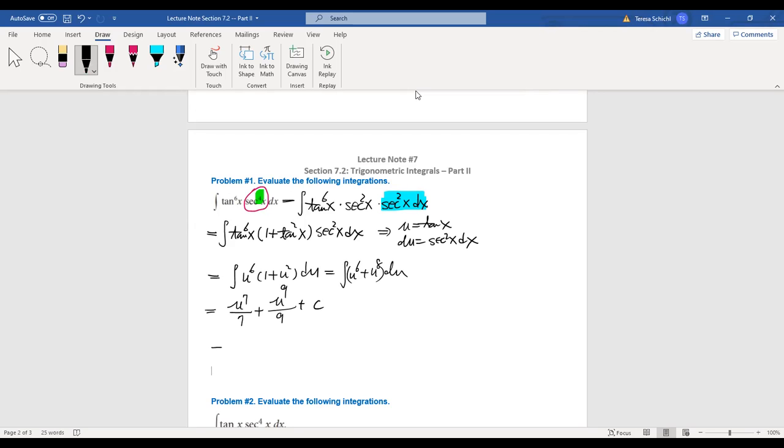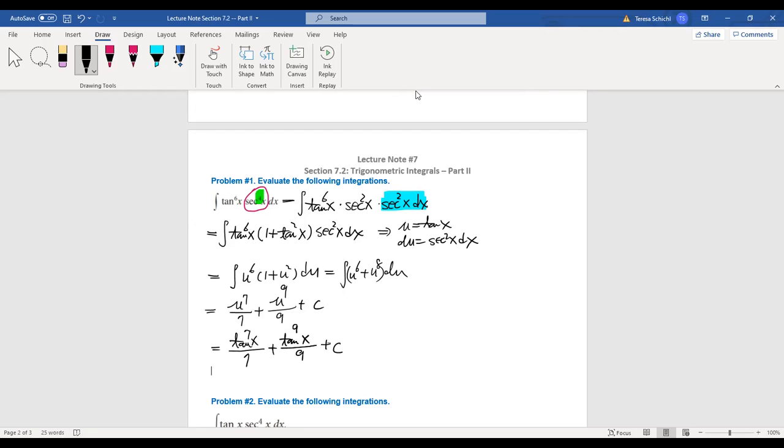Now we substitute back, my u-sub is tangent, so it's tangent x to the 7 over 7 plus tangent x to the 9 over 9, plus c. It's pretty cool, right?